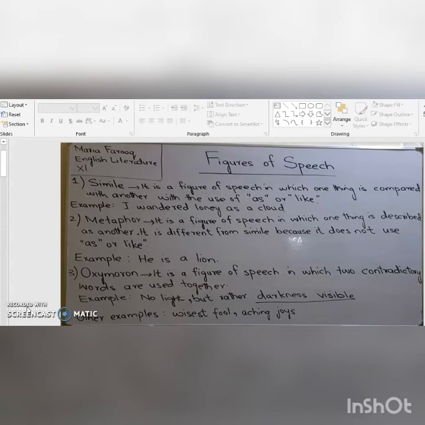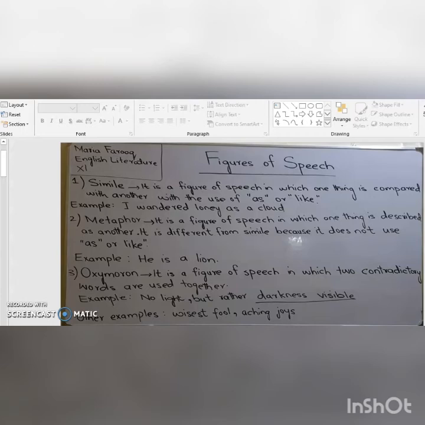I wandered lonely as a cloud. Now, it means that the writer is comparing himself with a cloud. But you see, the use of as a cloud or like a cloud. So this is called simile. Next, metaphor. It is a figure of speech in which one thing is described as another.